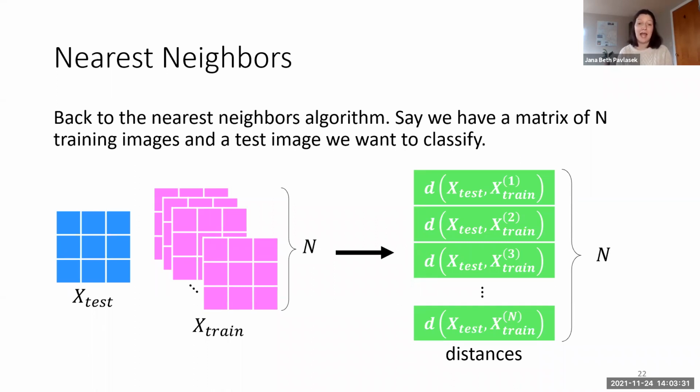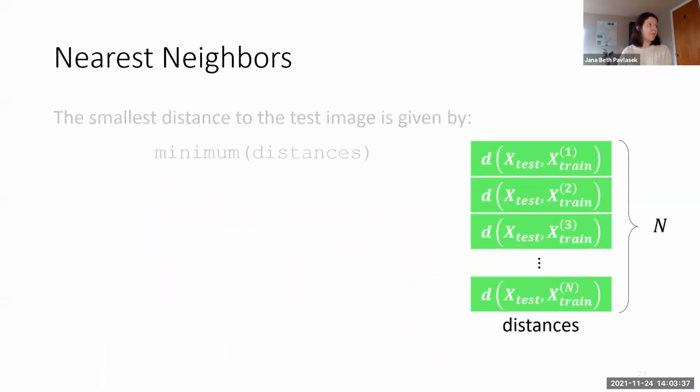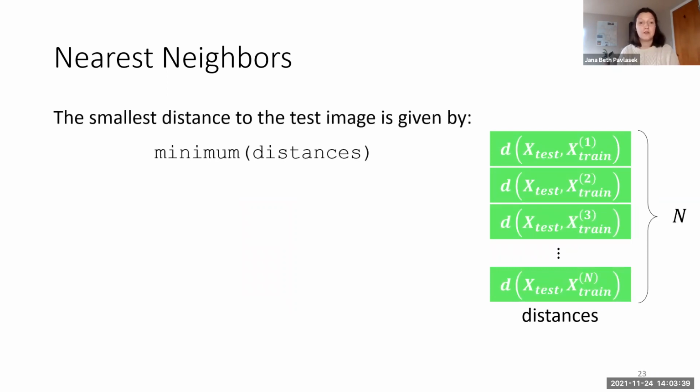We're going to calculate n different distances. Our nearest neighbor is going to be the smallest distance to the test image. If we took all of these distances and took the minimum, we would get the value of the smallest distance.